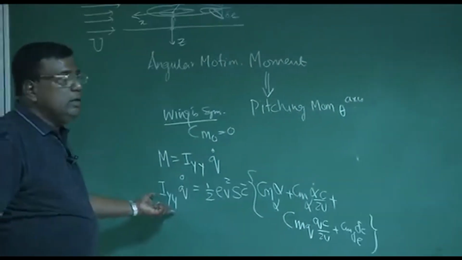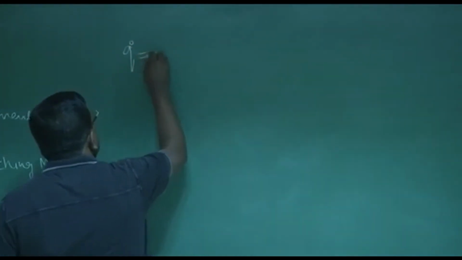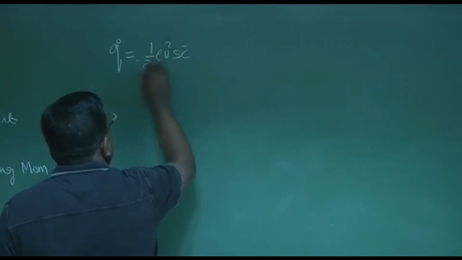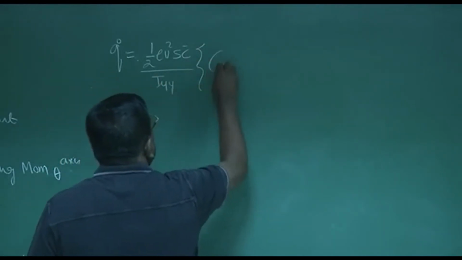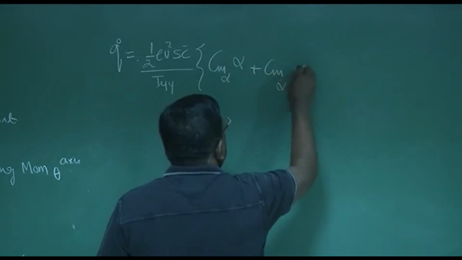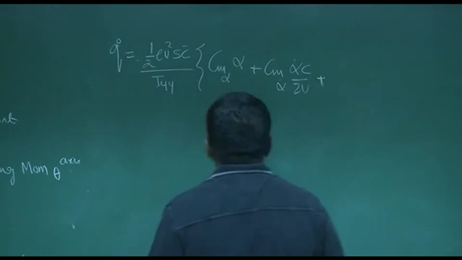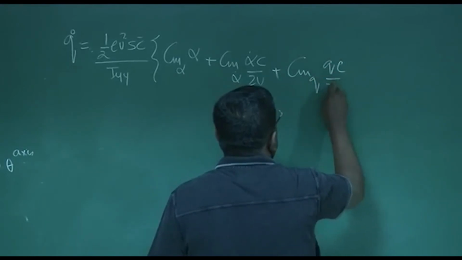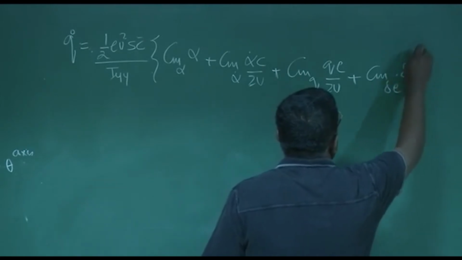Using this equation, I can write q dot equal to half rho v square S c bar by Iyy into Cm alpha into alpha plus Cm alpha dot into alpha dot c by 2u plus Cm q into qc by 2u plus Cm delta E into delta E.